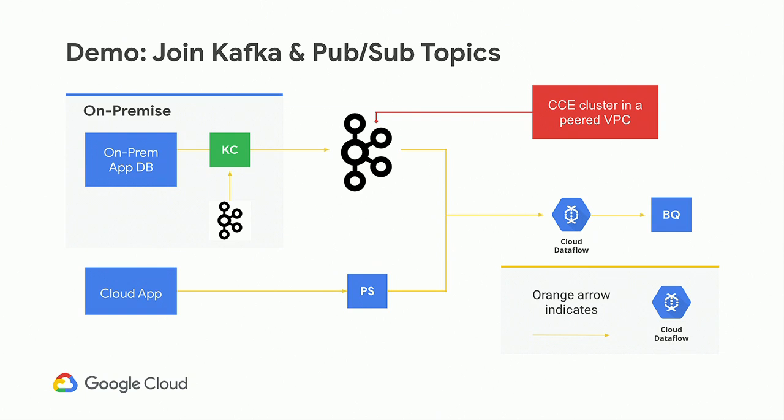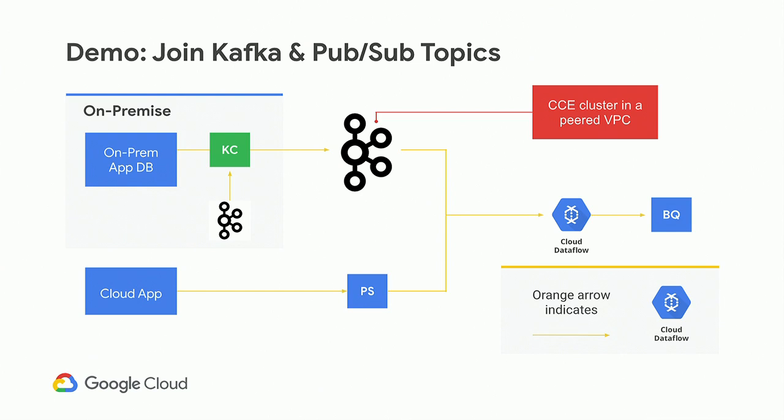So what we're going to do here is we have the on-prem application sending data to Kafka that's in GCP, like Ricardo just showed you. Ricardo's actually going to go into more details on how you can set up Kafka Connect, as illustrated on the top left there. We won't talk about that right now. I've actually set up a Confluent Cloud Enterprise Kafka cluster already that I'm sending data to.